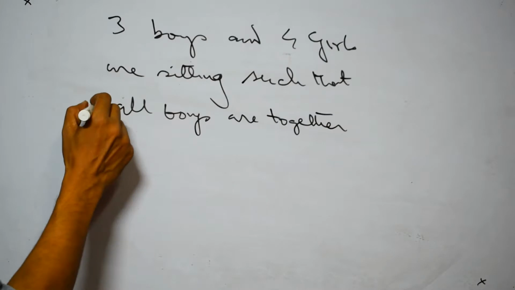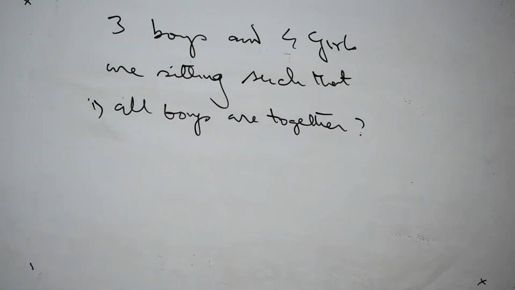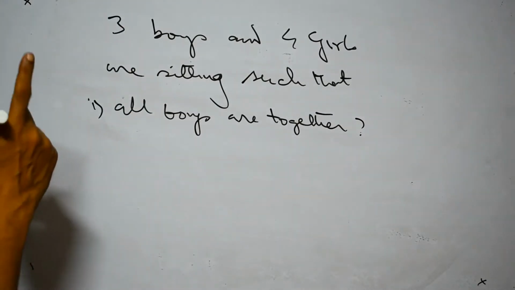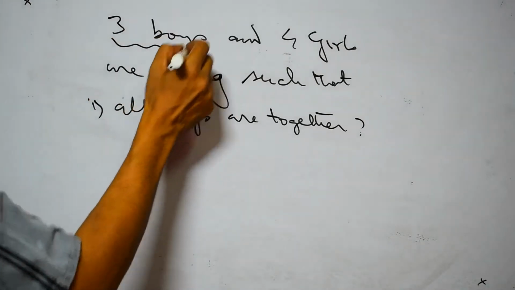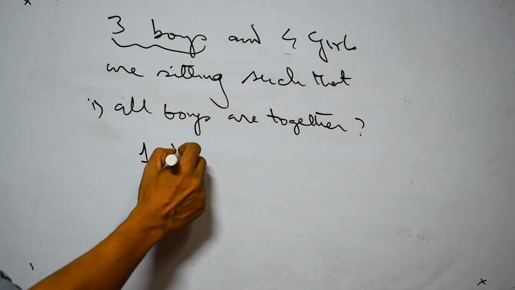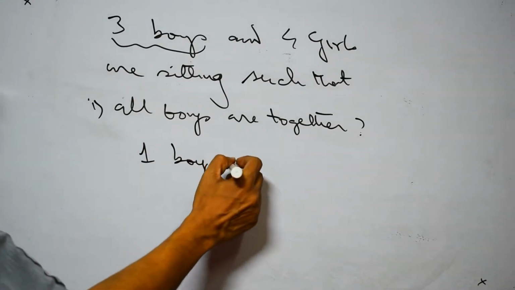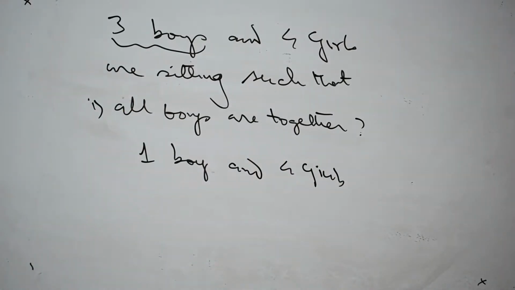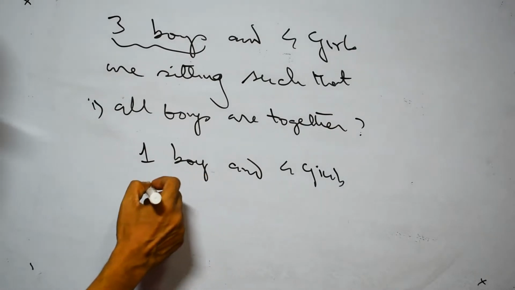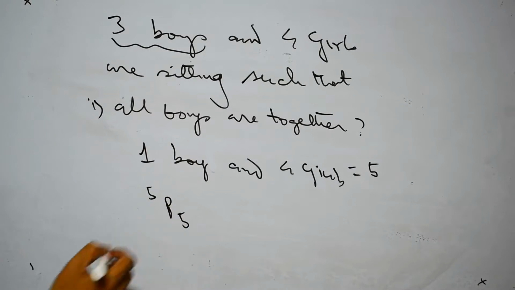That means we consider the 3 boys as one boy, because they are always together, along with 4 girls. So 4 girls and 1 boy. How many ways can they be arranged? 5 total persons, and 5P5 ways they will be arranged.